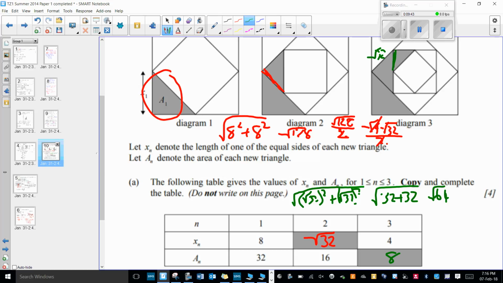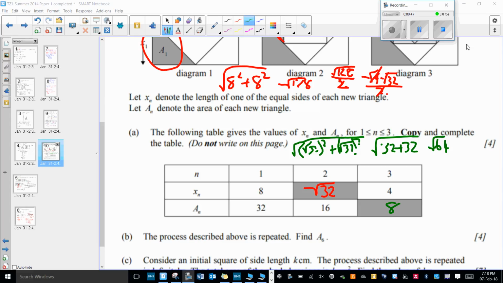Okay. Part B. The process was repeated. Find A6. Okay, so what they're looking at here now is, rather than you carry on the pattern and carry on doing this, which you could, they ideally want you to look for a pattern for the a values. Hopefully you can see that this is divide by 2 and divide by 2 again.